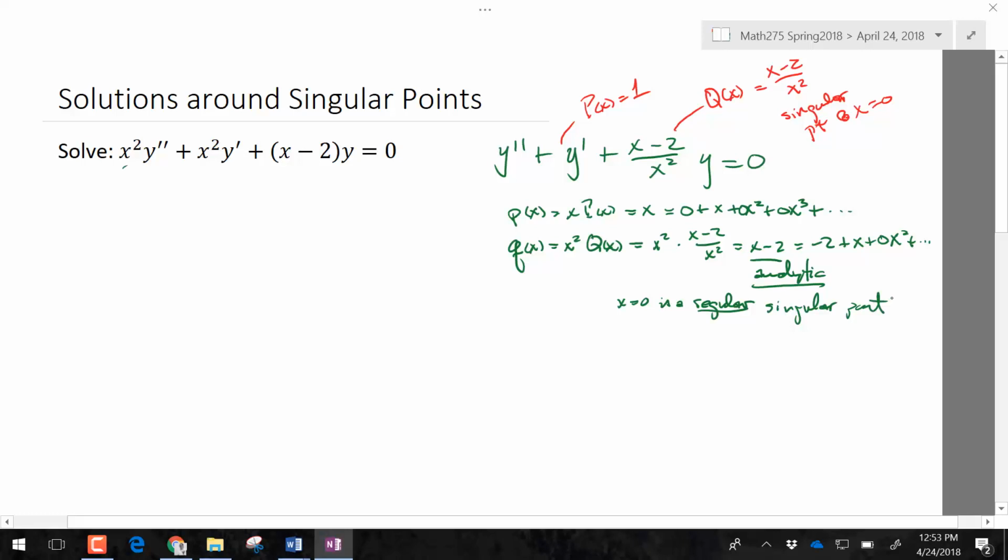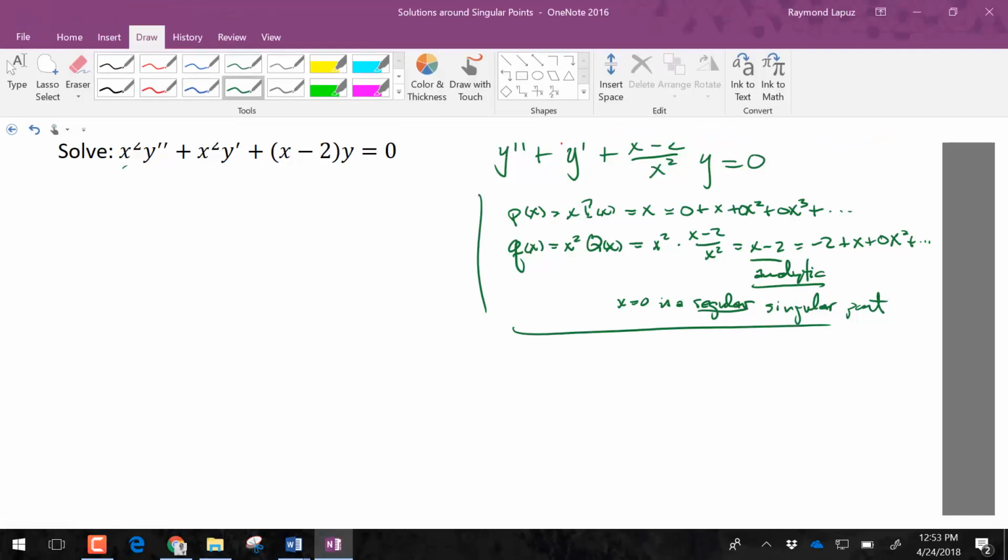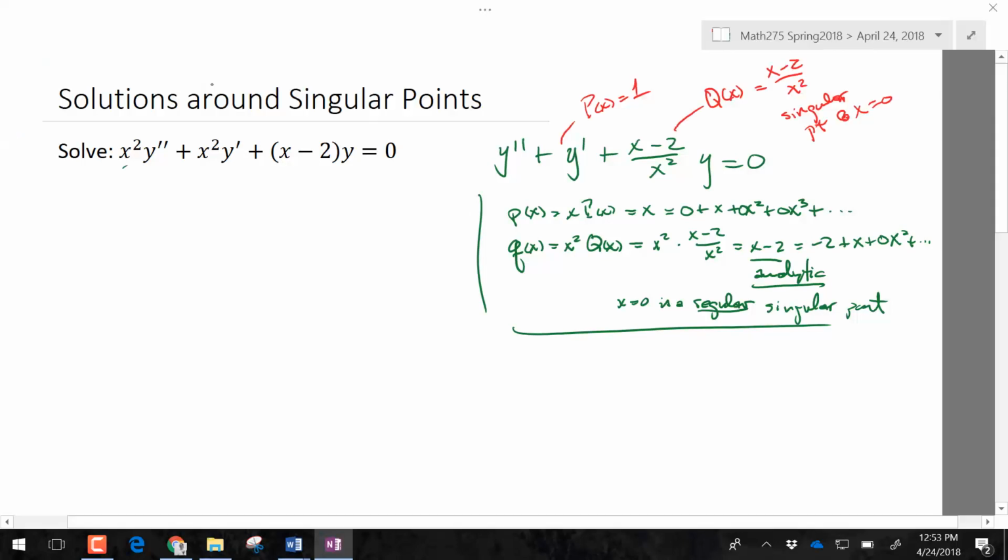Which means that we can use Frobenius's theorem to solve this differential equation. Frobenius tells us our solution is going to depend on the indicial equation, so we should look for the indicial equation.